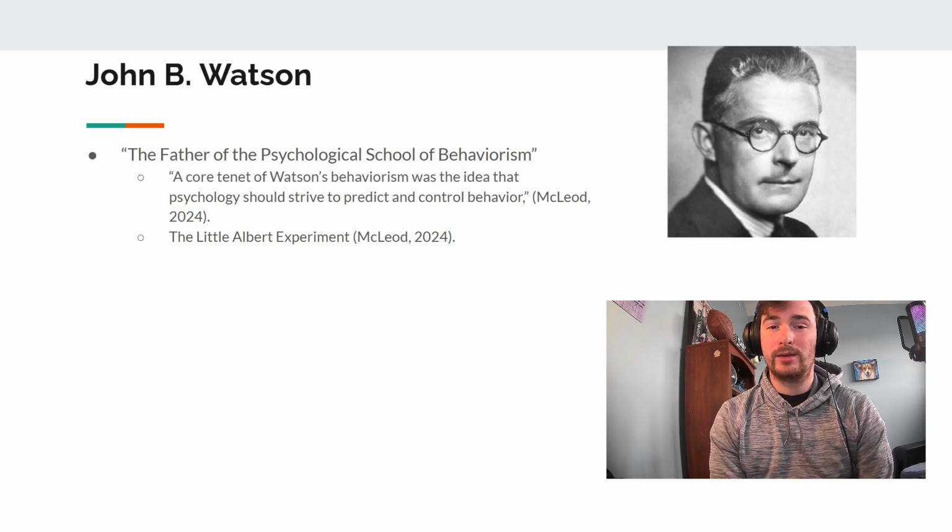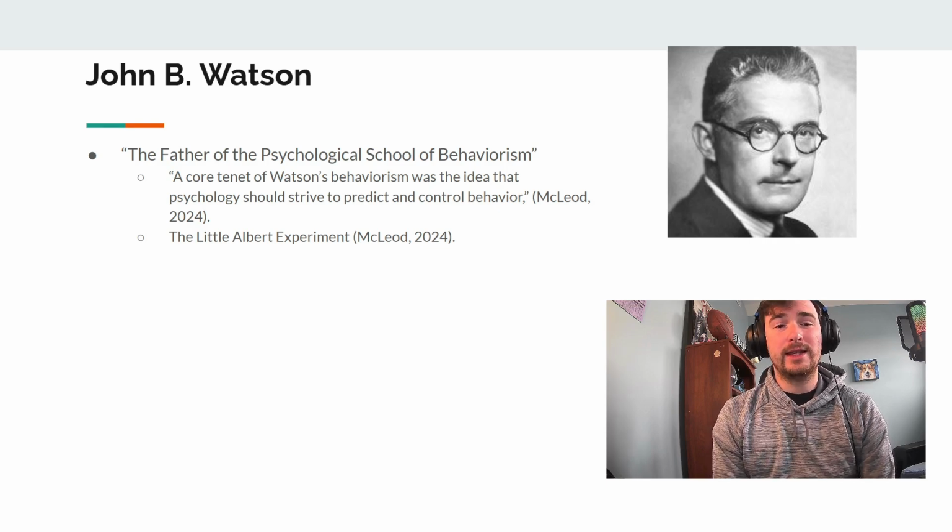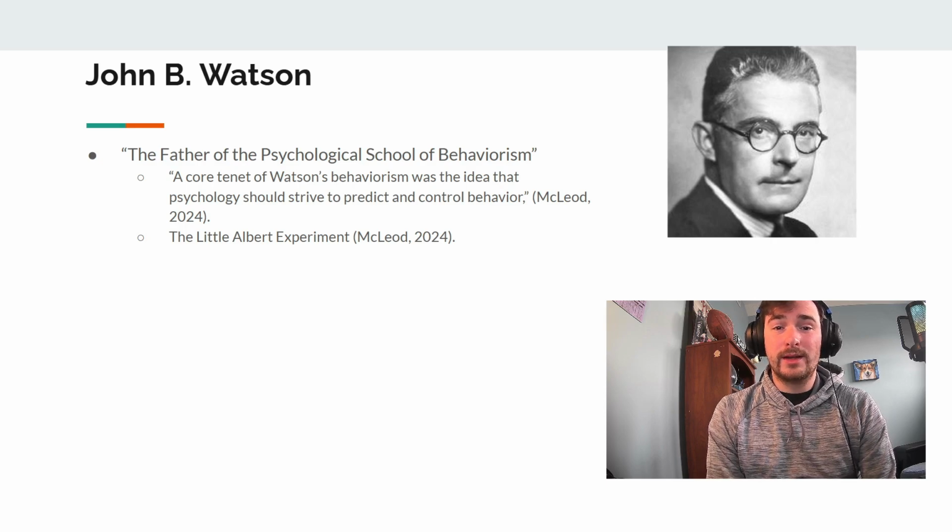The child, on their first interaction with the rat, was not afraid of it. They didn't show any positive or negative response to the rat. Then in the next experiment, Watson and his team tried to elicit a fear response by startling little Albert.